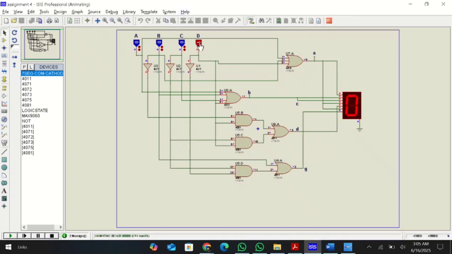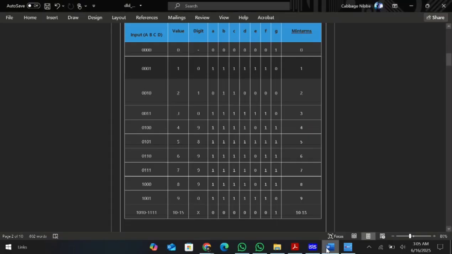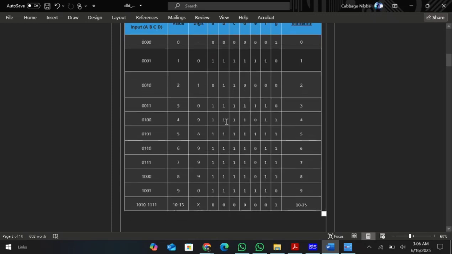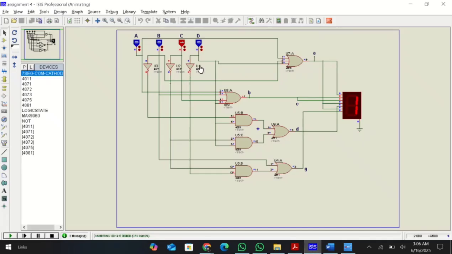My next expression is 1, so it should give me 1. Yep, I'm getting 1. And let's take another one, that should be 1, yes. And the next one should be 9, yes. Next one should be 8, yes. So it is working quite well, no issue till now.